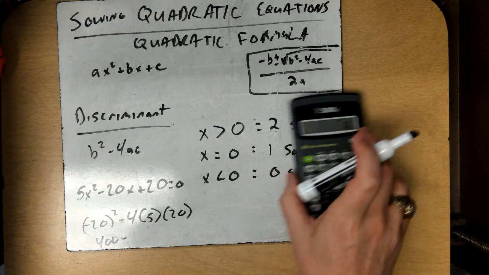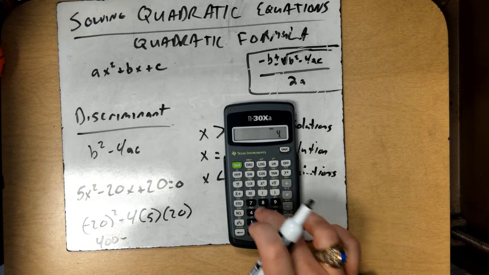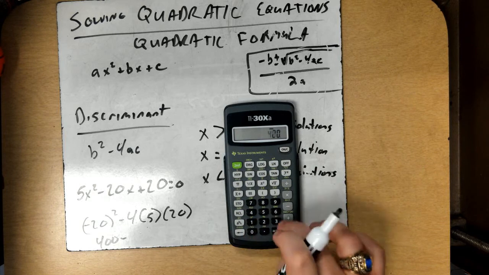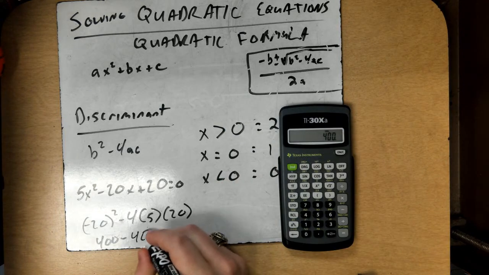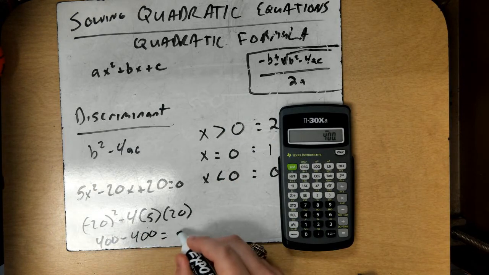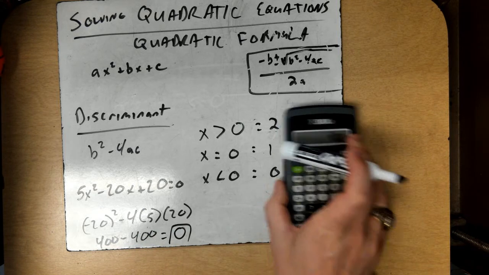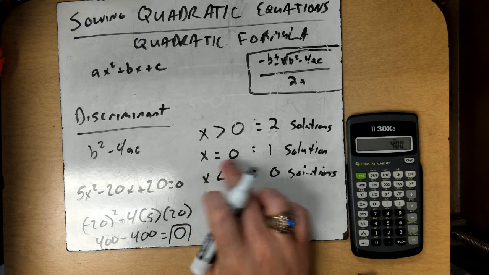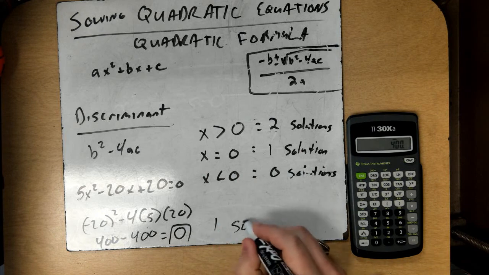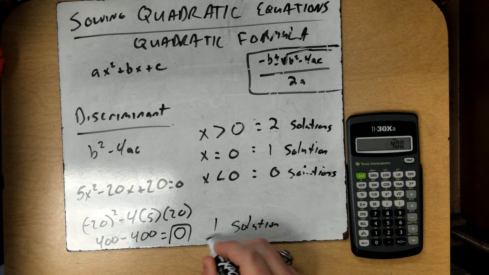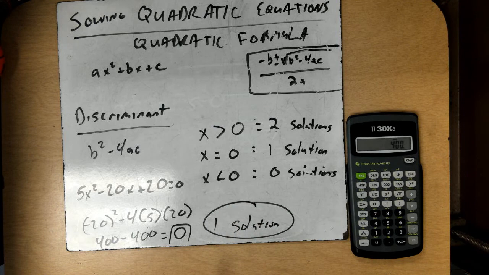Minus 4 times 5 times 20 equals 400. And 400 minus 400 equals 0. So our answer is 0, which means we have one solution in this equation. If you were to graph this, your parabola would only cross the x-axis at one point. Okay, that's what that means. But don't worry about that yet.